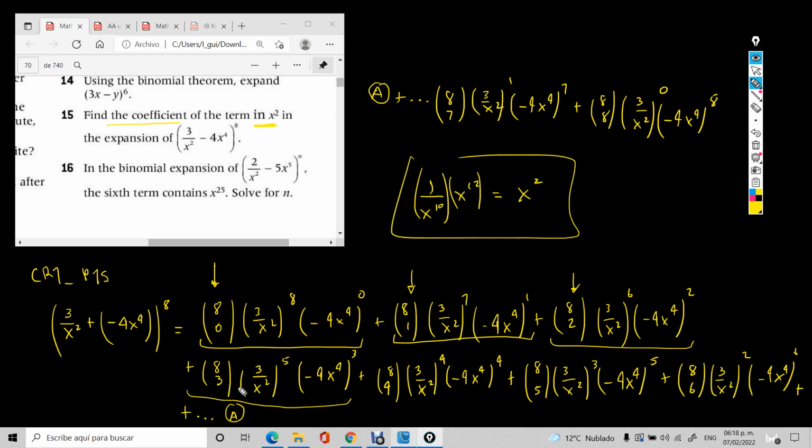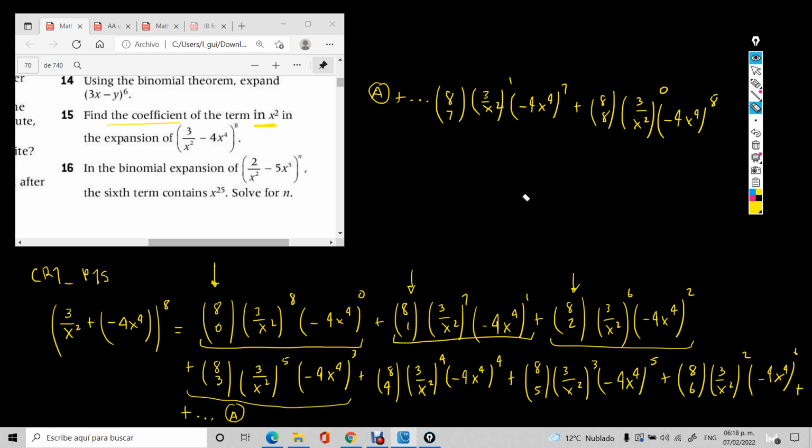This is the one. If you don't believe me, simplify it as you would usually, normally, and you're going to get that the variable part of this term is going to be x squared times some coefficient on the front. So this is the one. So we can actually erase all the expansion.